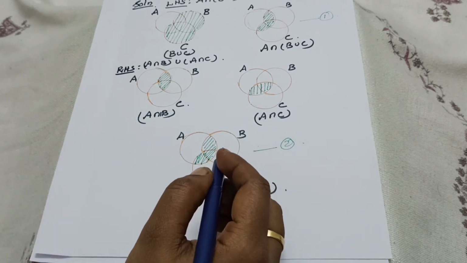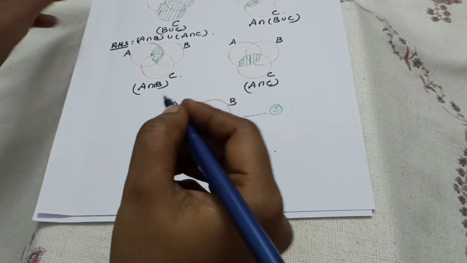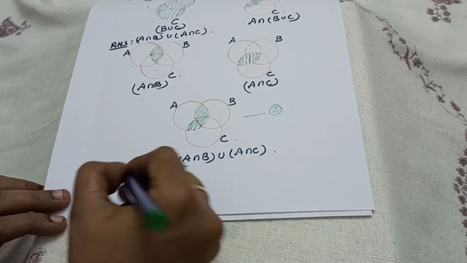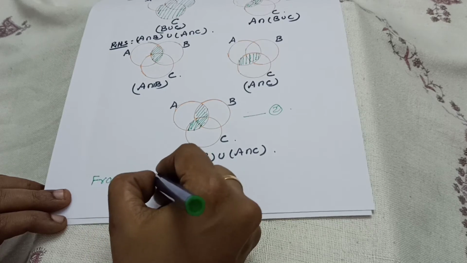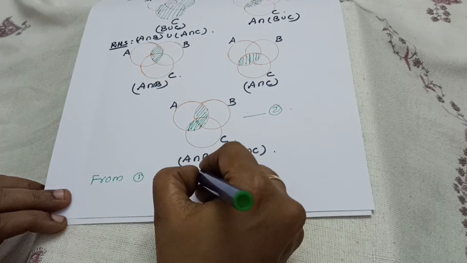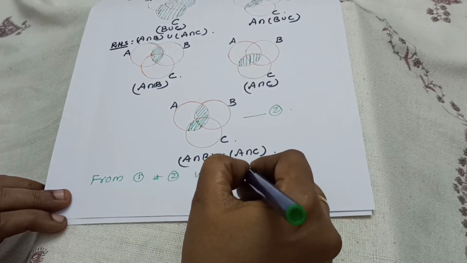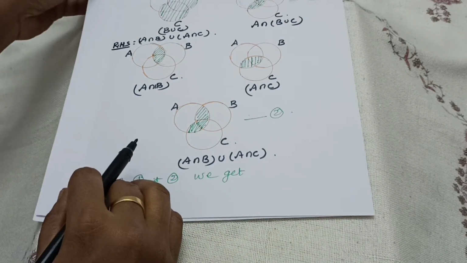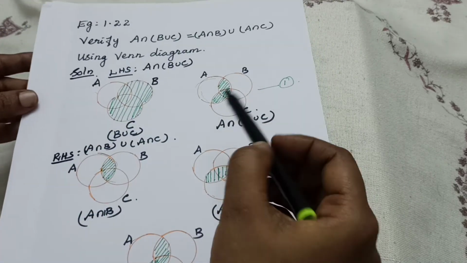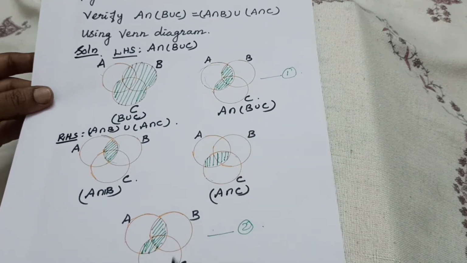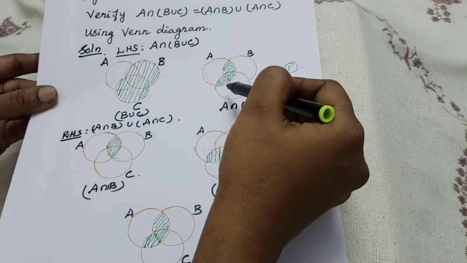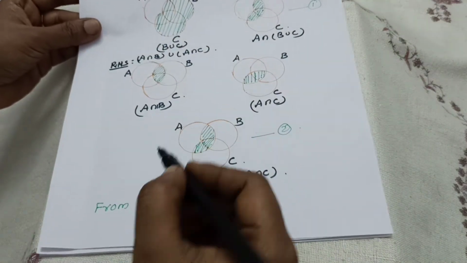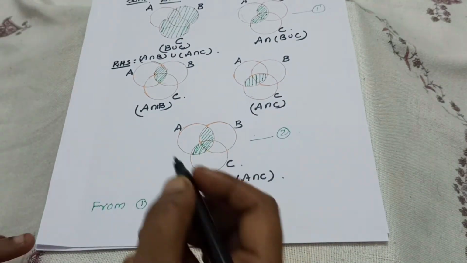From diagram number 1 and 2 we get, what is the question? Here left hand side, A intersection B union C, is equal to this diagram. Equal or different? Equal. Both shaded portions are equal, isn't it?